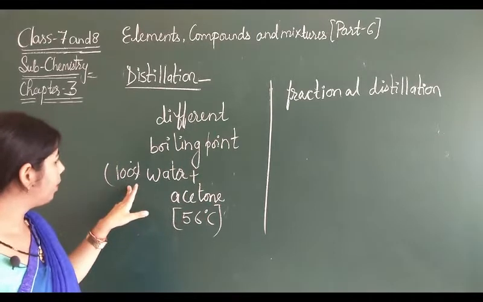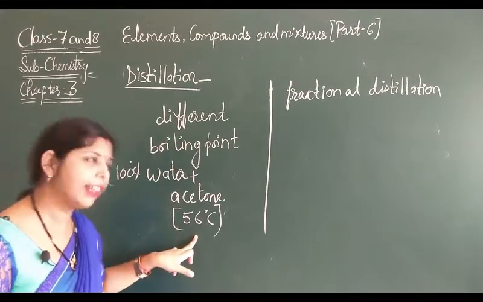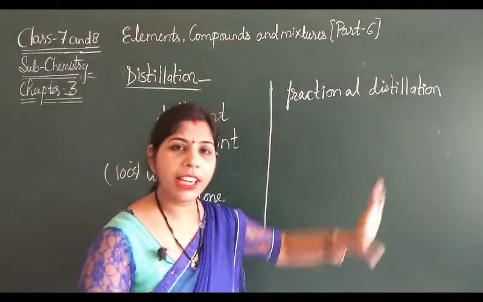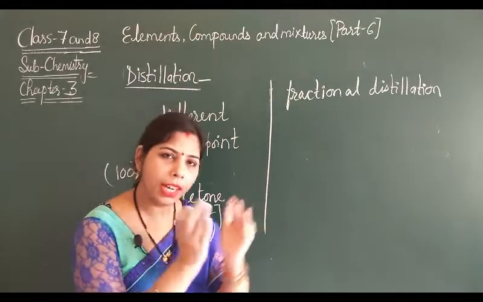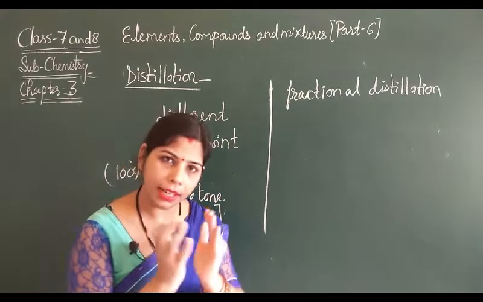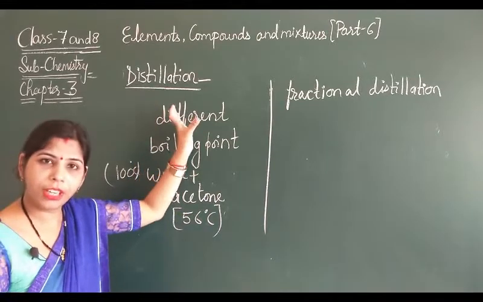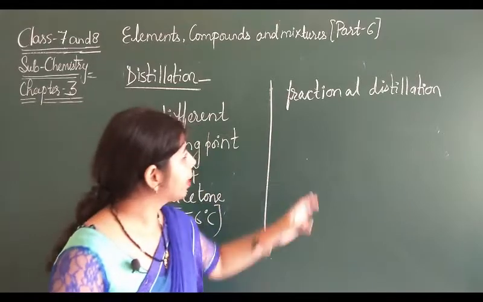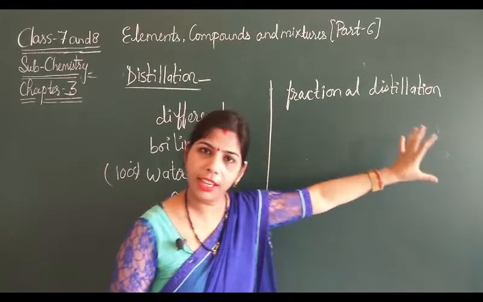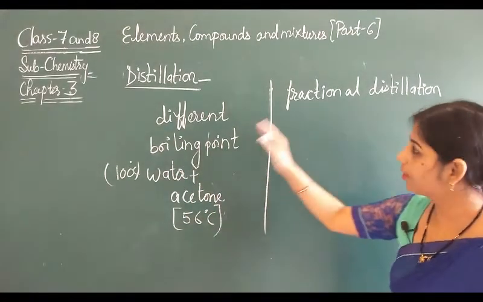Look at the example, one has 100 degrees centigrade and one has 56 degrees centigrade. In fractional distillation, the liquids have closer boiling points, meaning their boiling points are quite similar, and those are not separated by the distillation method. That's why they are separated by the process of fractional distillation. So this is the difference between fractional distillation and distillation.